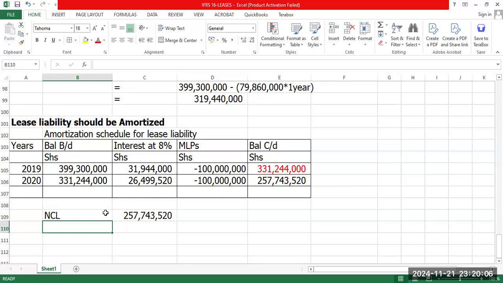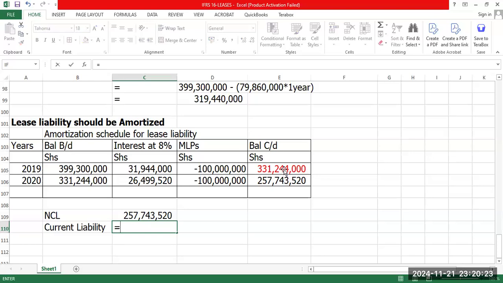Then current liability is the difference, this one minus this one.